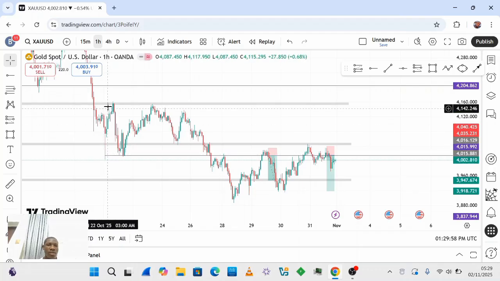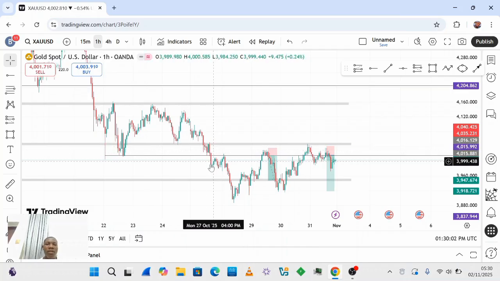Buyers were around this place. And whenever price broke below the buyers, automatically sellers kicked in. You don't need any indicator to tell you that sellers are in the market now. Look at it. When it broke, it retested and came down.